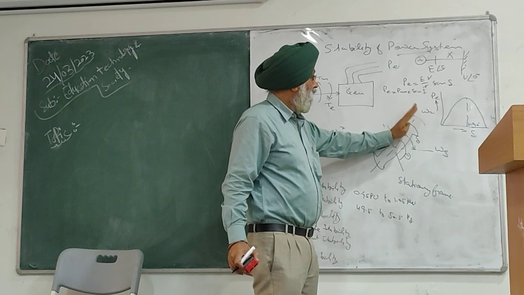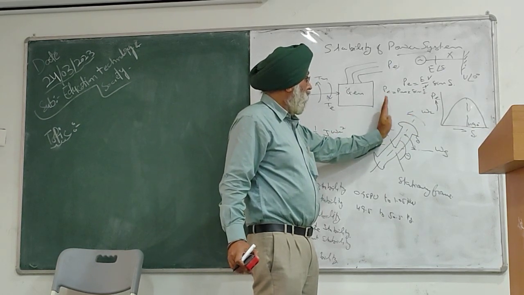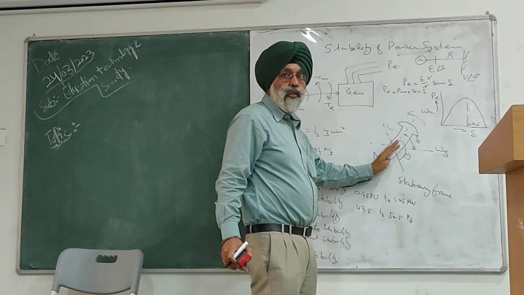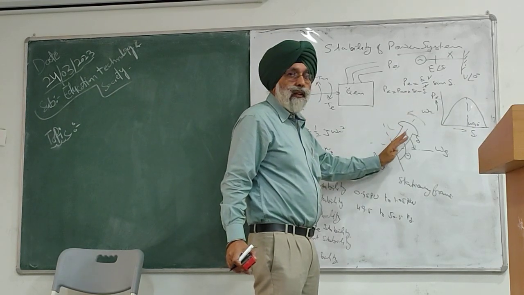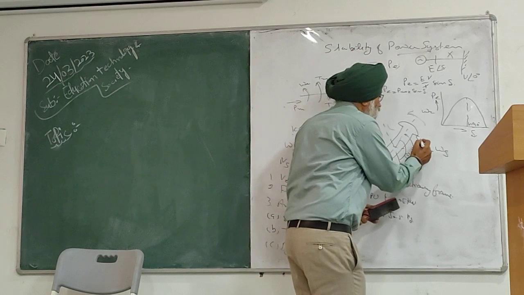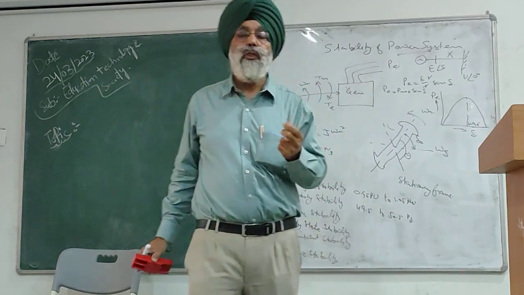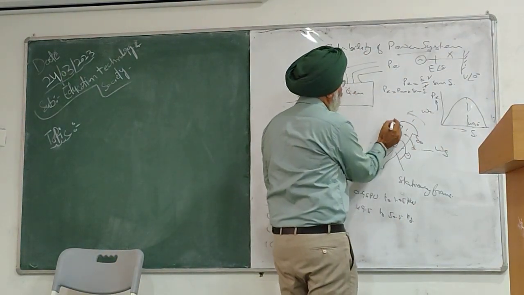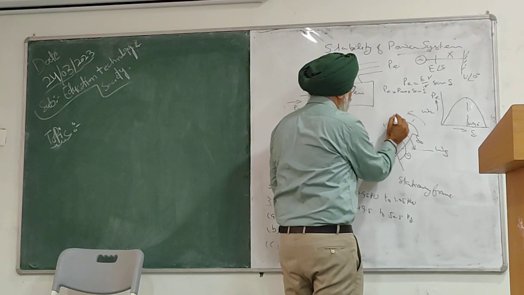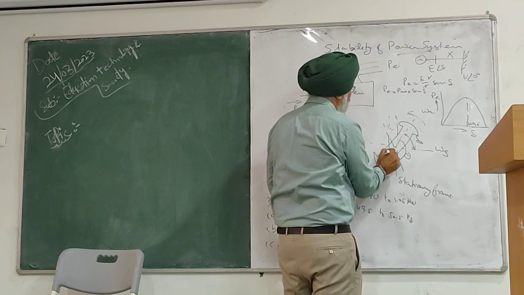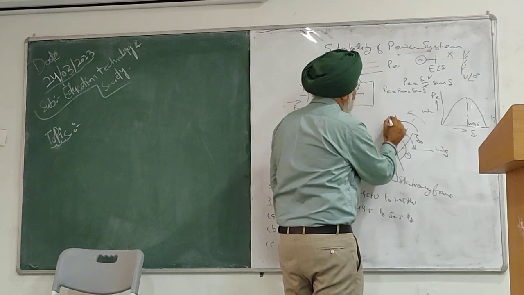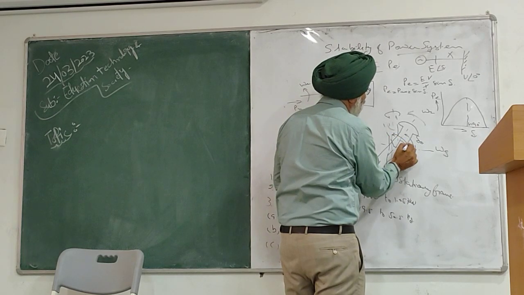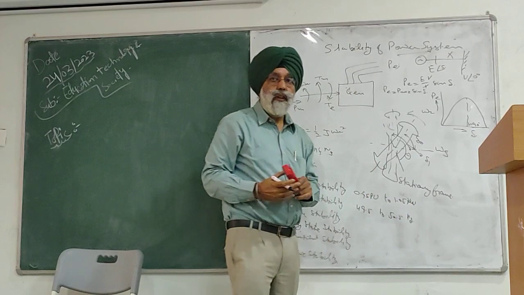And if you have increased a load or some type of disturbance has occurred, then your delta will change, and ultimately your delta may adjust at some new value. This is the value when your machine is running under the initial condition. Let us suppose your delta was delta 0. And when some disturbance has occurred, you have a new value of delta, which is delta 1.